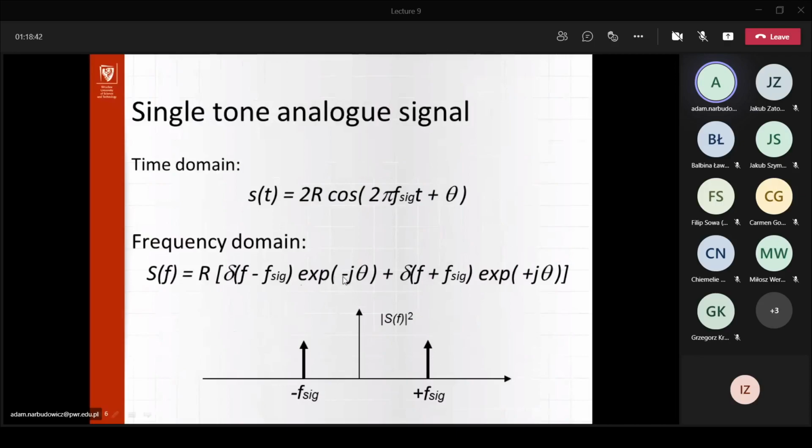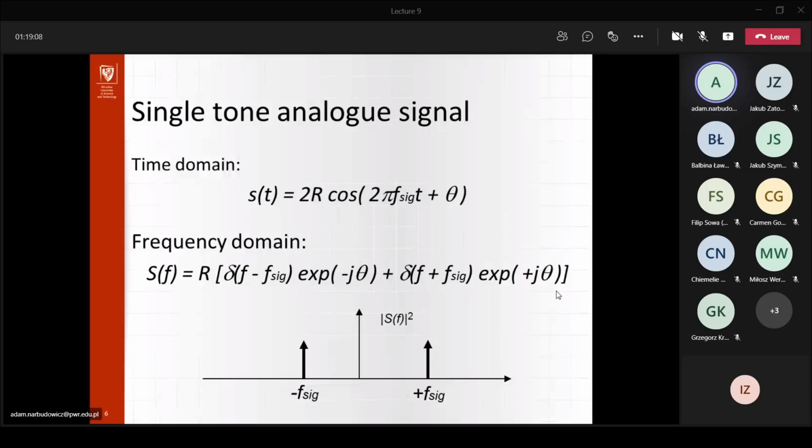And as you can see here, one part comes, the phase comes with the minus sign, the other comes with the plus sign. So that's exactly the conjugation. So is this so far clear? Okay, I hear no more questions.